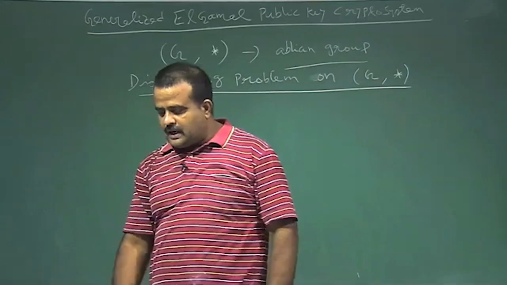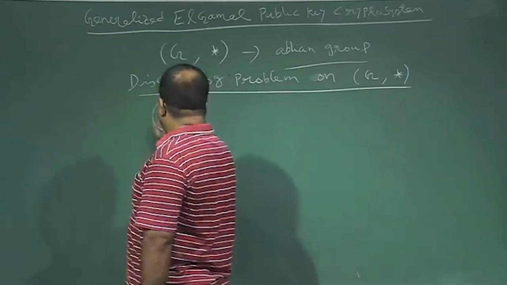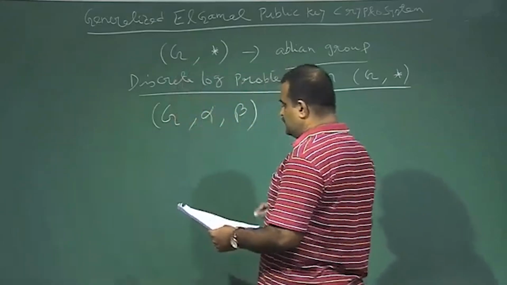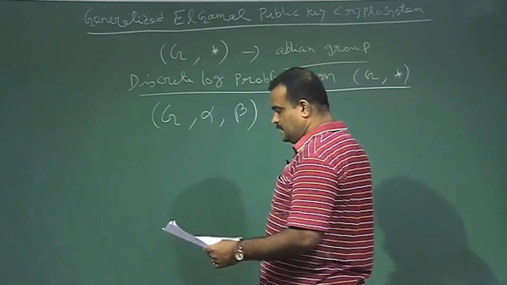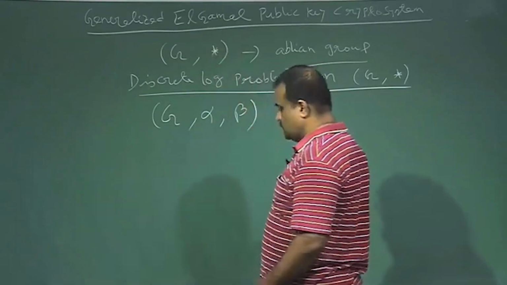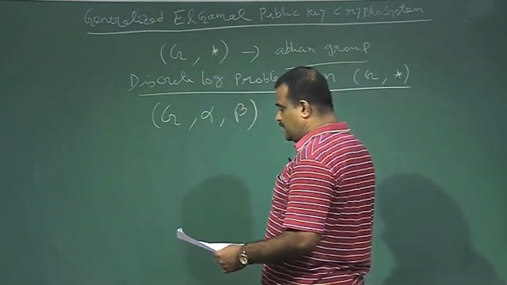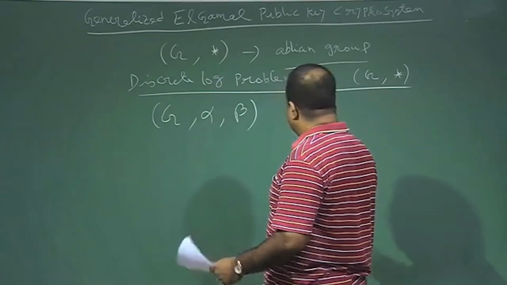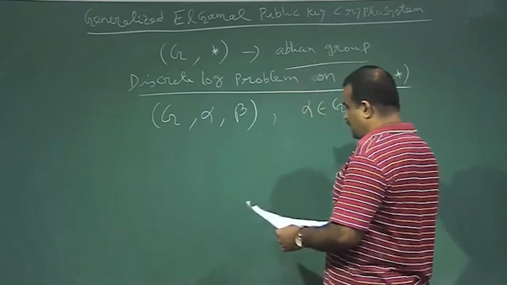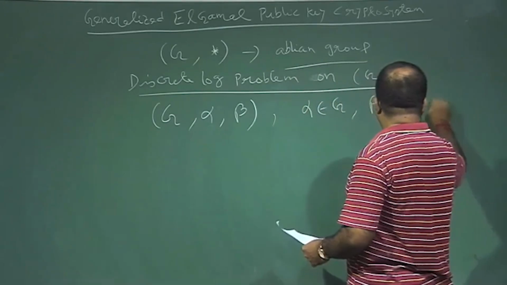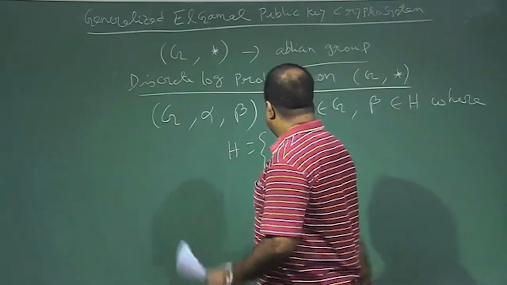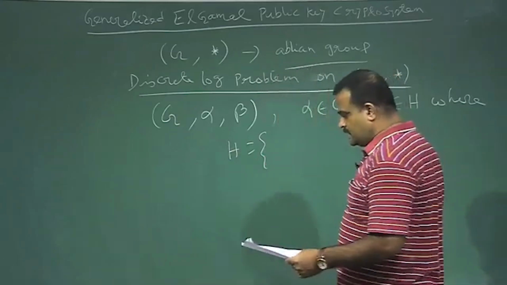The problem is, given G, alpha, beta, where G is a finite group with this operator, alpha belongs to G and beta belongs to H, where H is the subgroup generated by alpha.